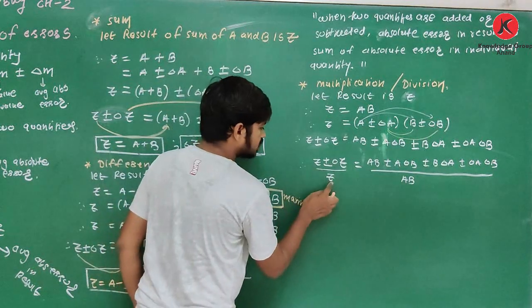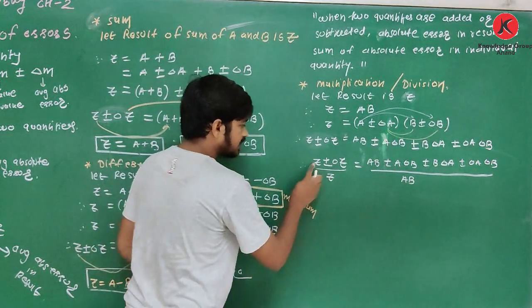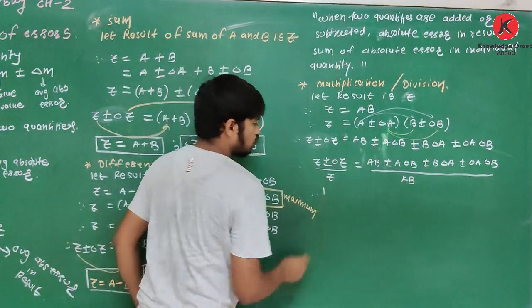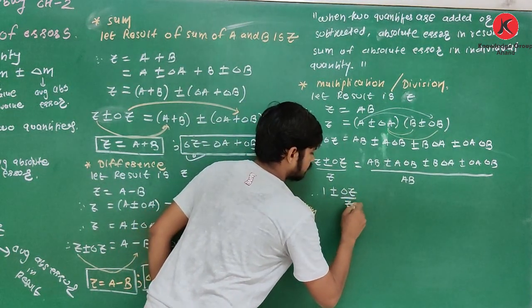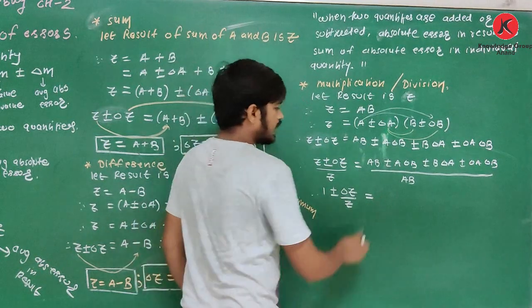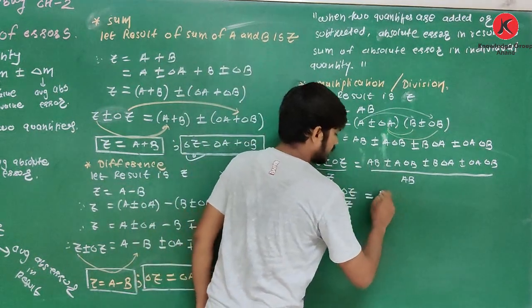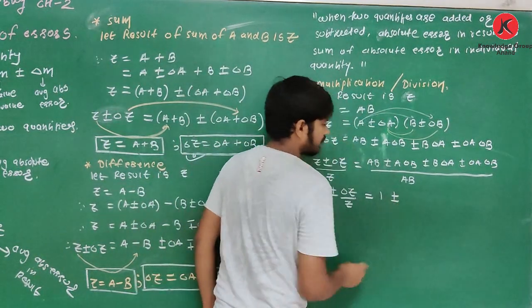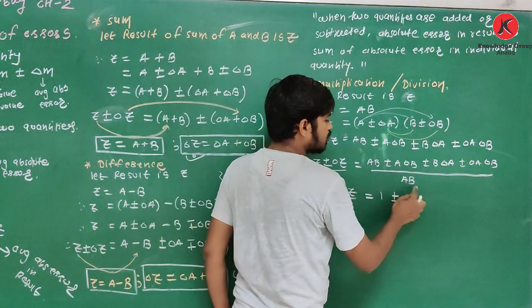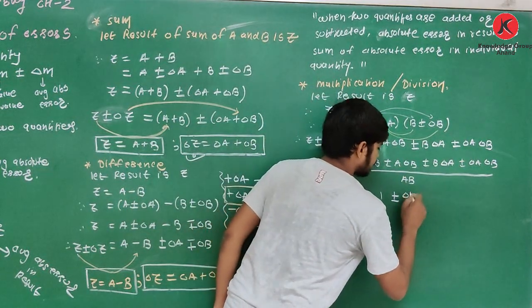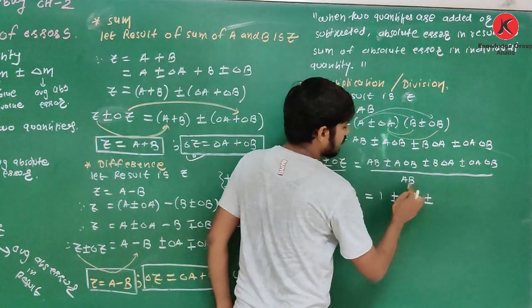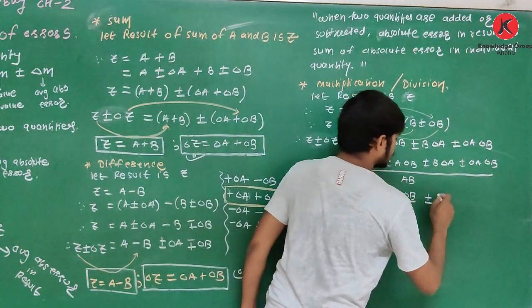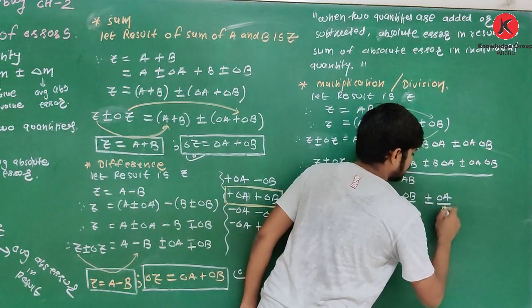So z upon z will become 1 plus or minus delta z upon z is equal to ab upon ab, 1 plus or minus a delta b upon ab, so a cancels, so it is delta b upon b, plus or minus b delta a upon ab, so b cancels, so it is delta a upon a.